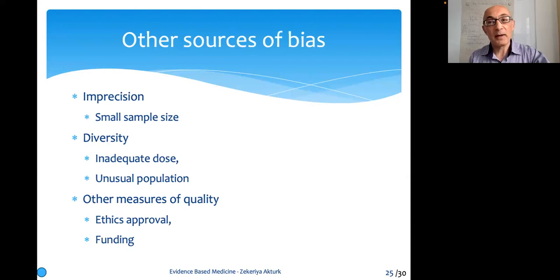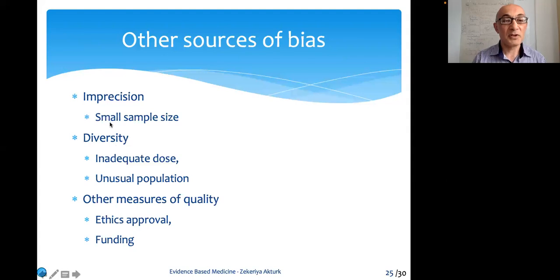Other sources of bias, as I said in the beginning of this presentation, are also important. I did not omit them because they are not important, but this is an issue of time and also the frequency of these biases in our daily practice.